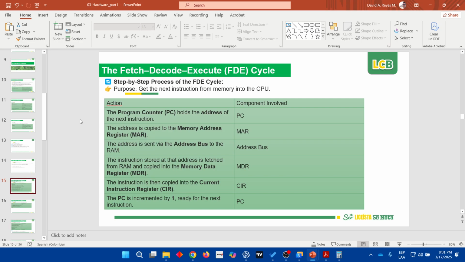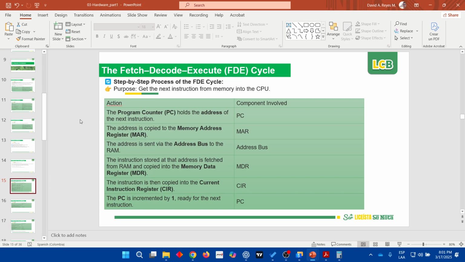Then the instruction stored at that address is fetched from RAM and copied into the memory data register. So that means that you have in your mind the instruction. What is the instruction? You need to go to the CCA, you get a piece of paper with the instruction, and the instruction says that you are going to multiply 7 by 2.